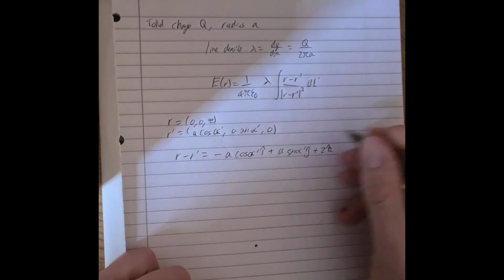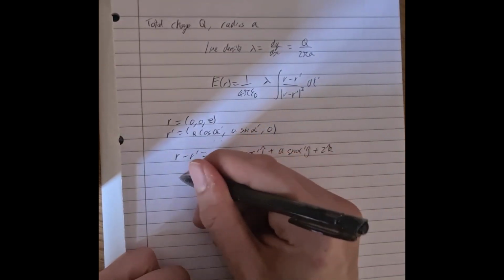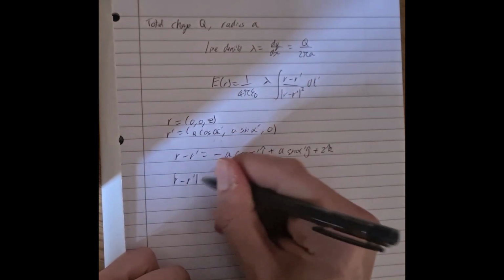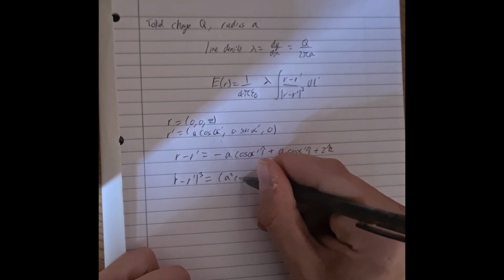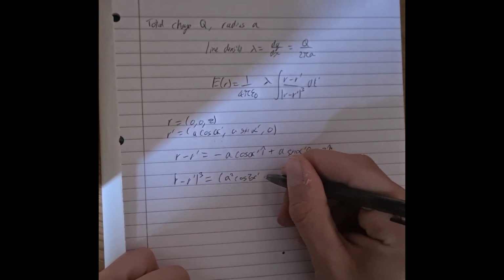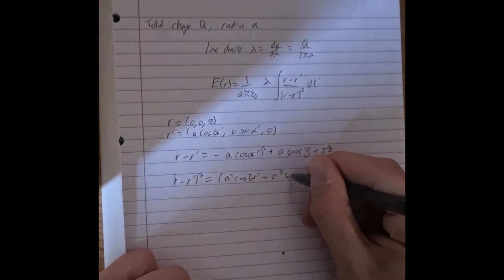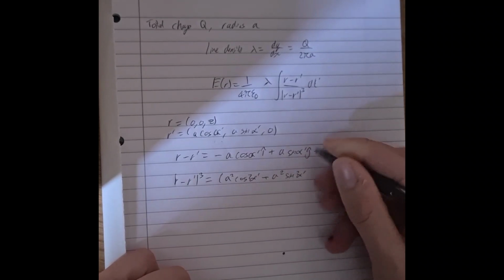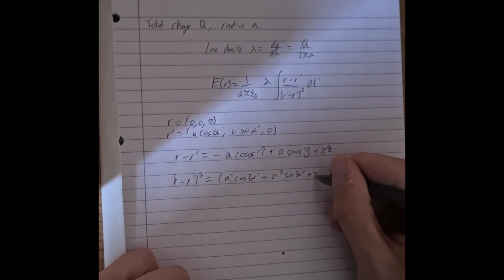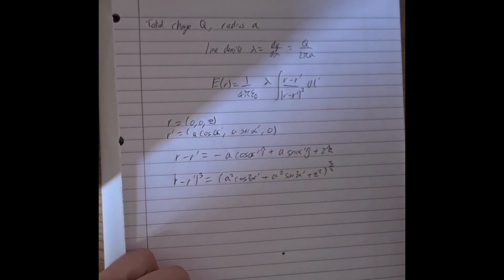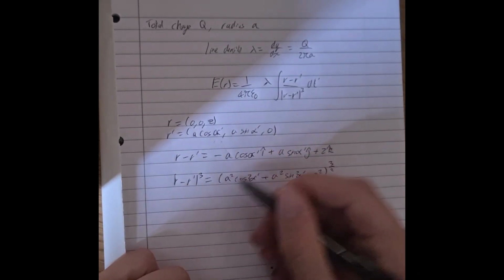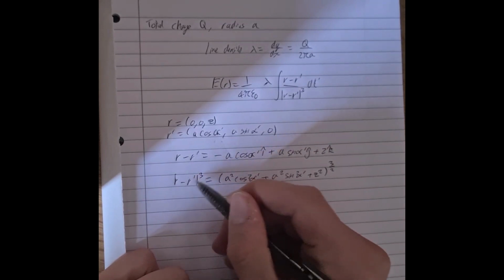Then our denominator, the magnitude of r minus r prime cubed, equals a squared cos squared alpha prime plus a squared sine squared alpha prime plus z squared, all to the power of 3 over 2, because we cube it but we need to square root it as we are finding the distance, the absolute value.